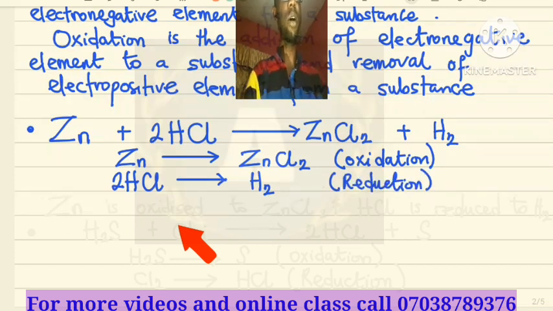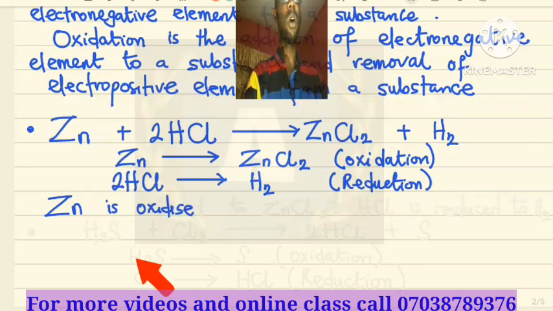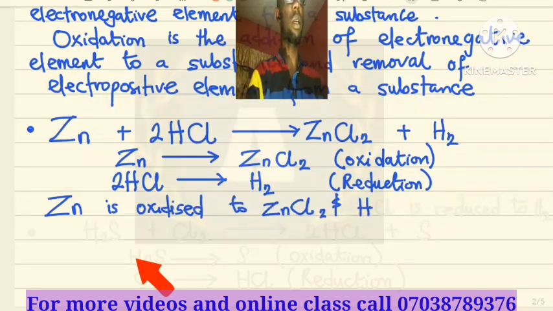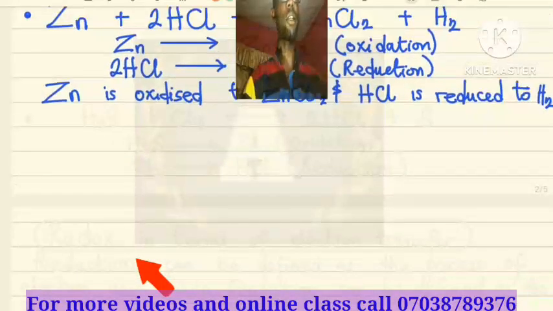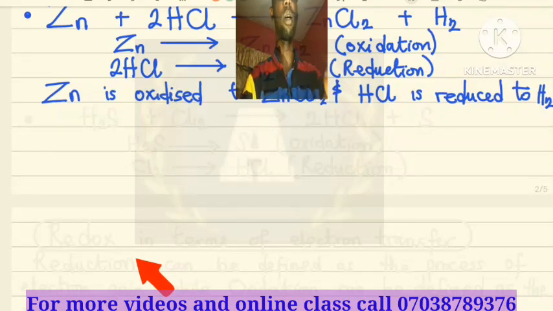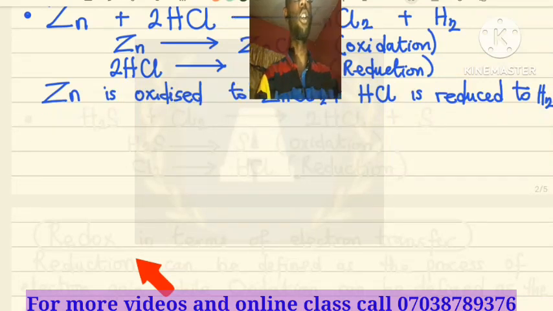Reduction. Which means that zinc is oxidized to zinc chloride and hydrochloric acid, HCl, is reduced to hydrogen.